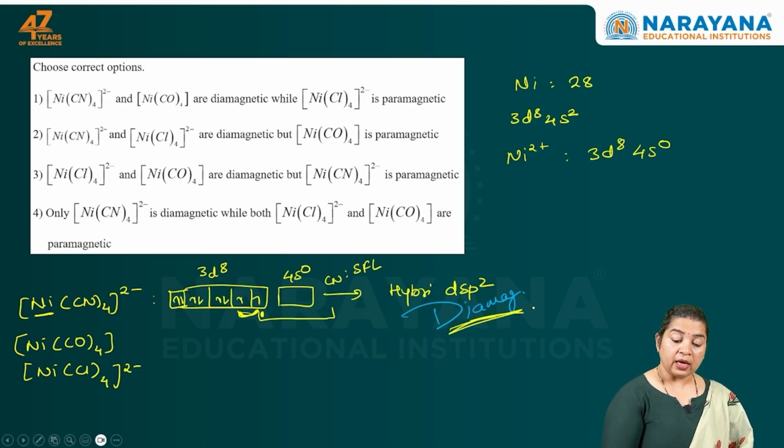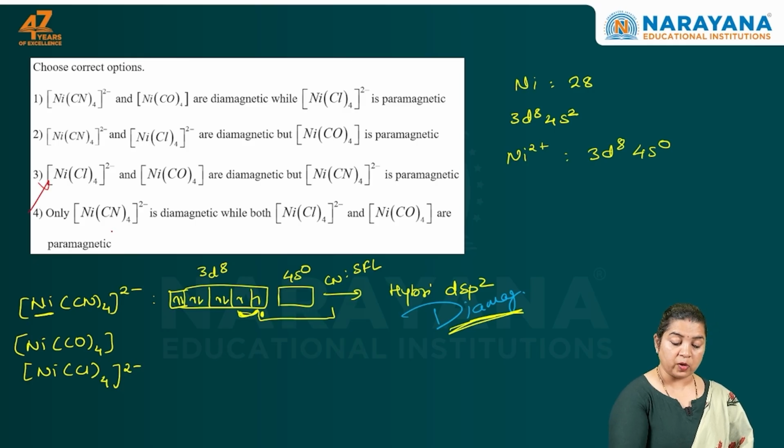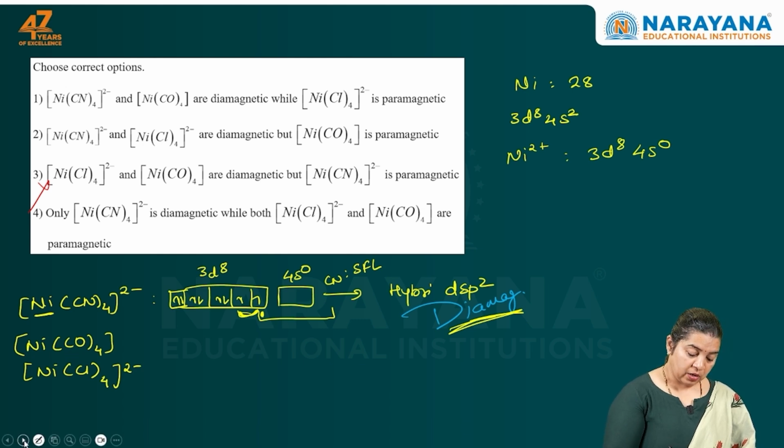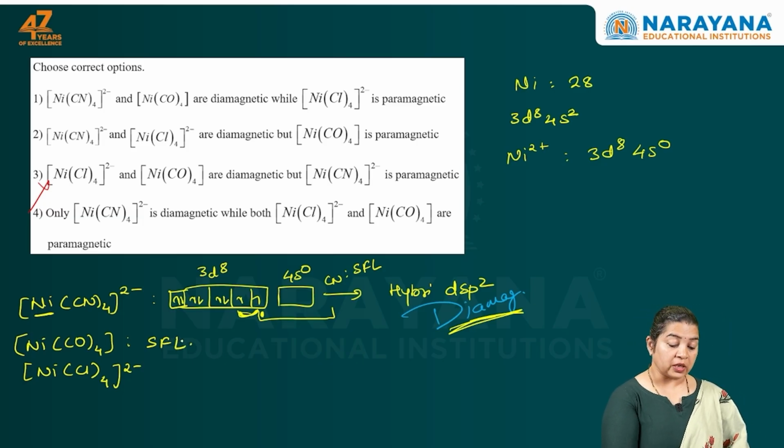Now, check. Diamagnetic, diamagnetic. Here it is given as paramagnetic, so option A is not possible. Ni(CN)4 is diamagnetic, so 1, 2 and 4 are still in the race. Let us move to CO, carbonyl. Carbon monoxide again is a strong field ligand, just like cyanide.